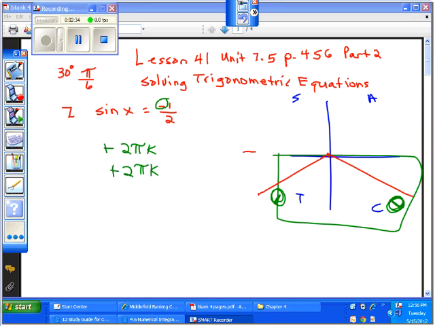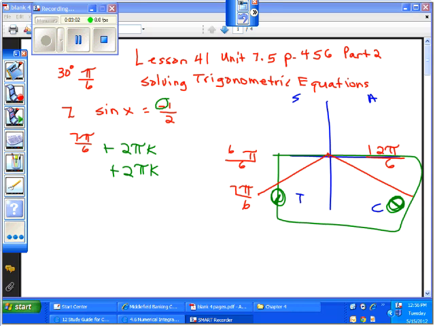Now, this is pi, which is 6 pi over 6. Understand that? And this is 2 pi, which is actually 12 pi over 6. Now, to get the reference in quadrant 3, we need to be one more sixth past 6/6, which would put us at 7 pi over 6.